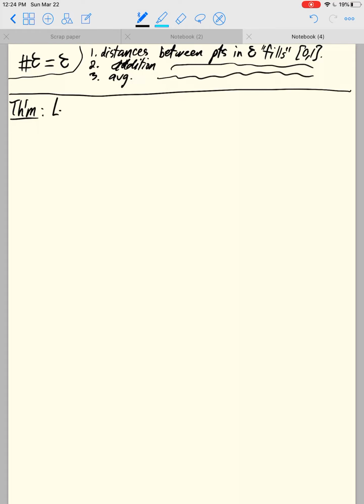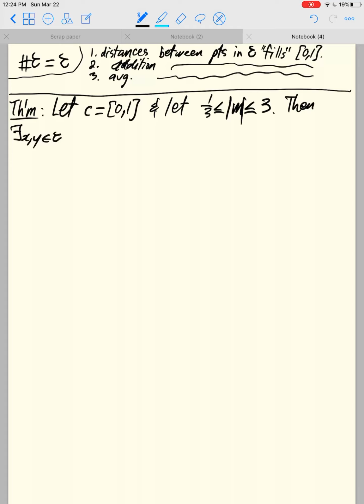So let's see. For any point c in 0, 1, and also let the absolute value of m be between 1/3 and 3. Then the theorem states there exist x, y in the Cantor set such that y minus mx equals c.